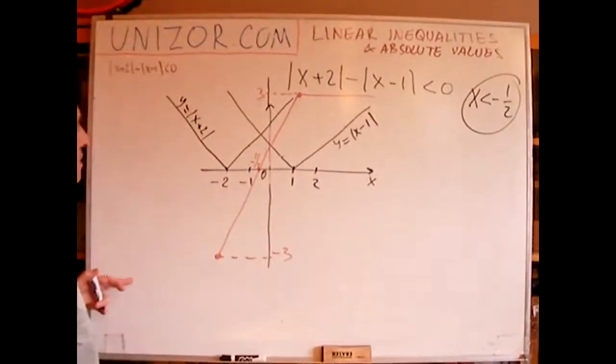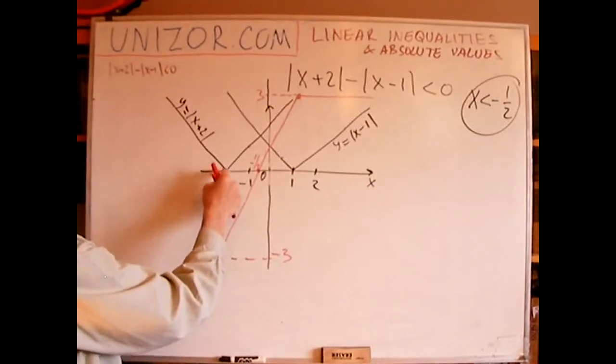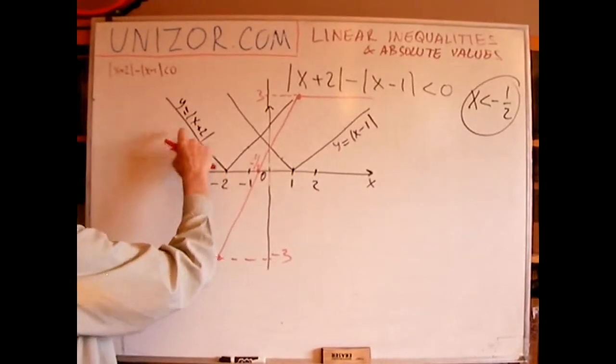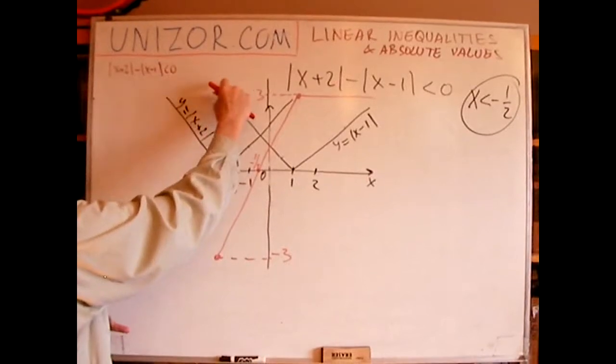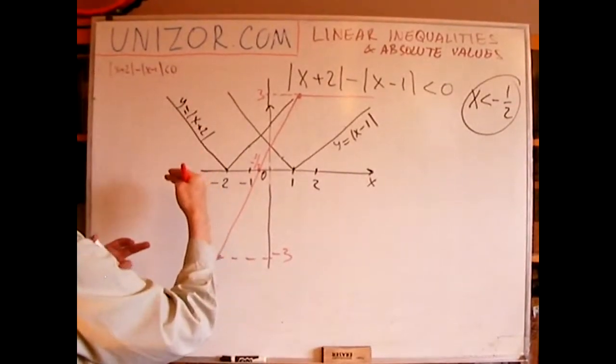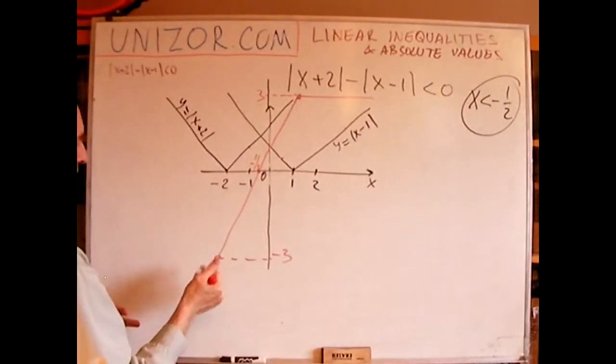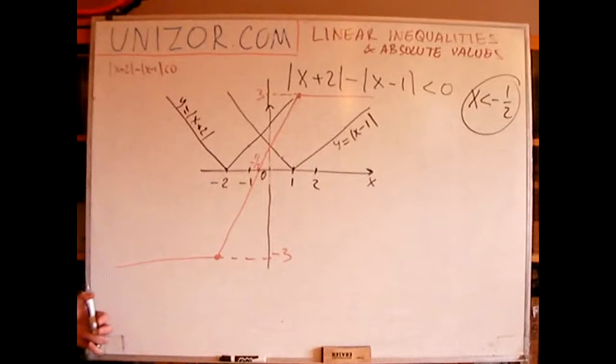Same thing here. If I move to the left, one graph is increasing and another graph is also increasing, but exactly by the same value, which means the difference between them should remain the same, whatever it was before, which is minus 3. Which means it should be constant minus 3.